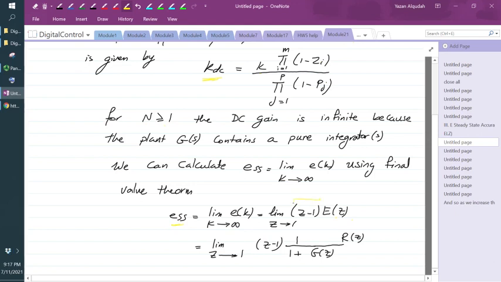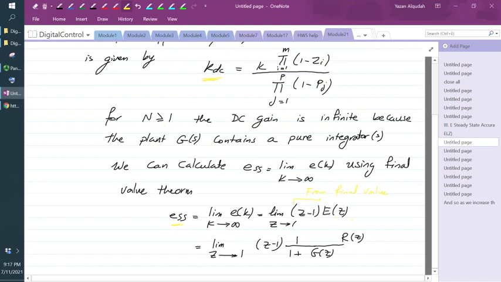This is coming from the final value theorem, so this is the limit of Z minus 1 times E of Z as Z goes to 1.